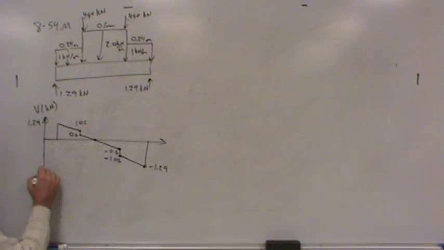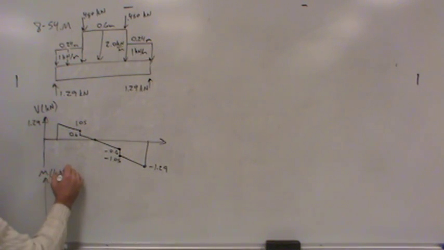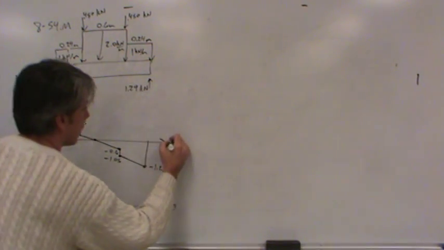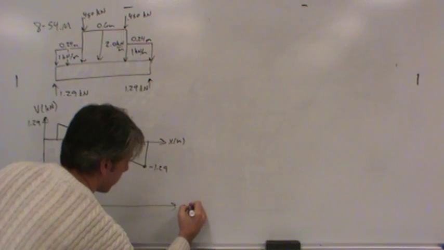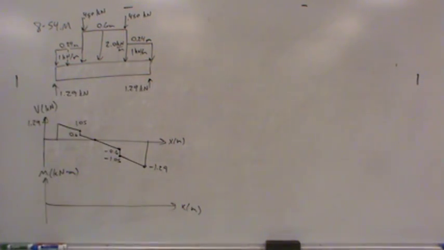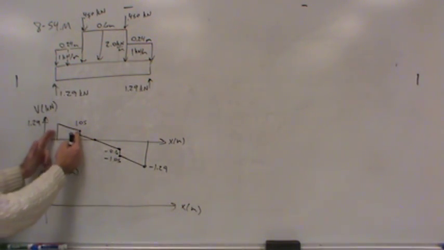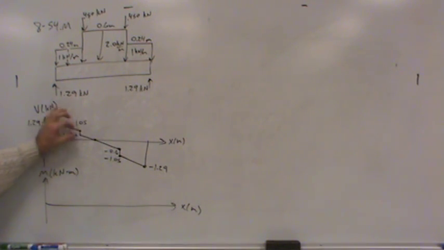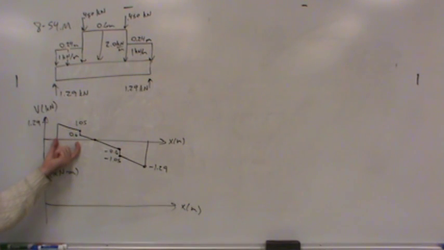Now we need the moment diagram in kilonewton meters. I'll need a little bit of help here to make sure I get all of this right. The area of this section can be calculated pretty easily. Take 1.29 plus 1.05 and divide by 2, then multiply by 0.24 meters.